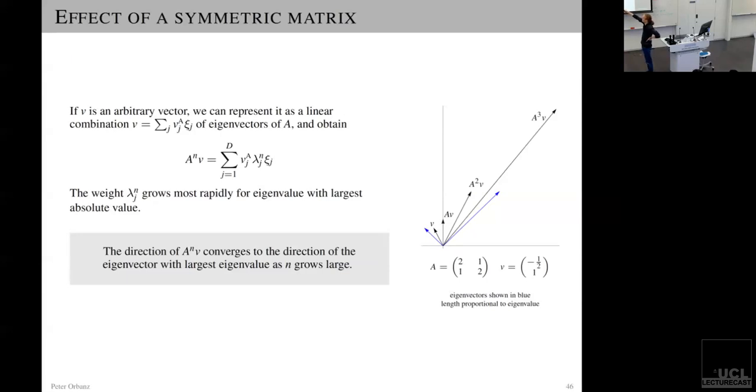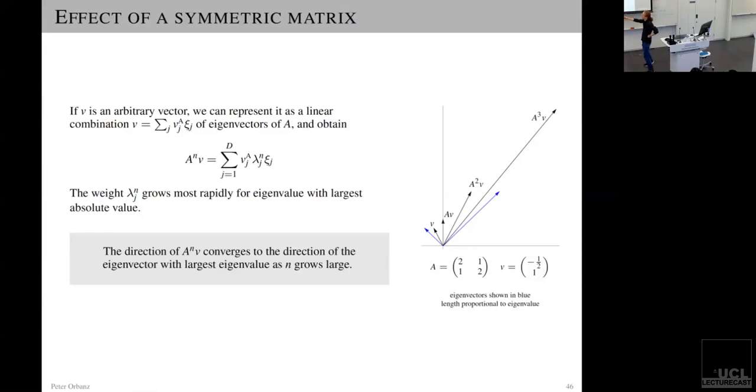The only thing that happens is that each time we collect a factor lambda j for each eigenvector, so we get lambda j to the power of n. What does it mean? That means for the largest eigenvalue, this factor is going to grow most quickly. So relative differences between the eigenvalues are reinforced each time we apply A.